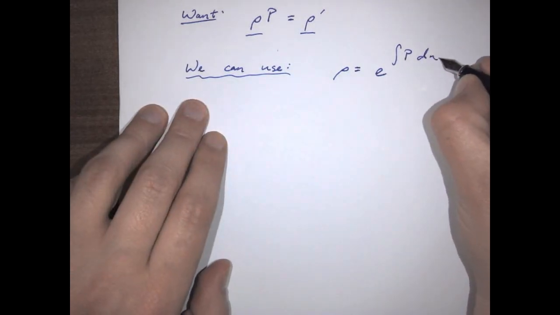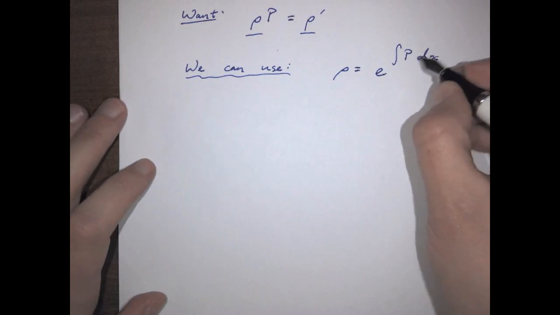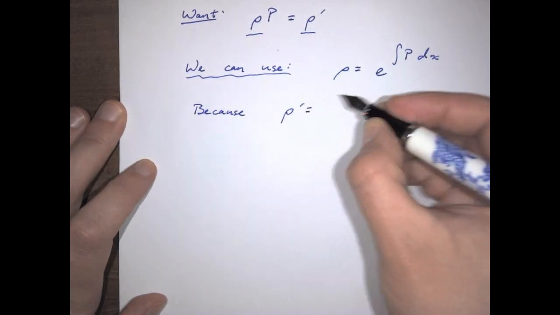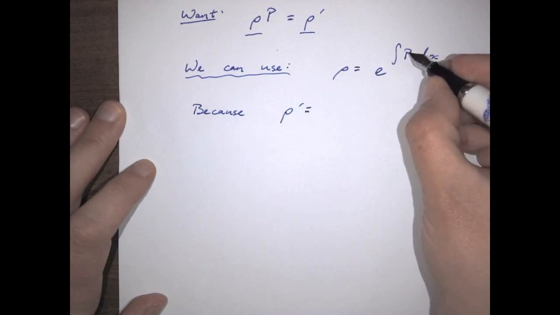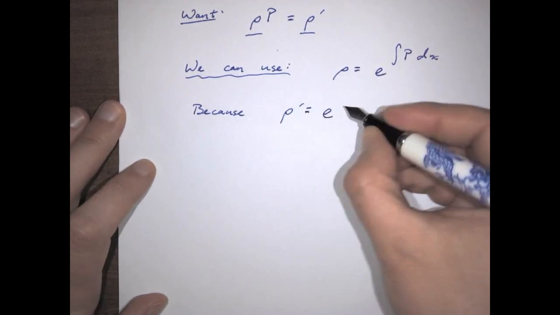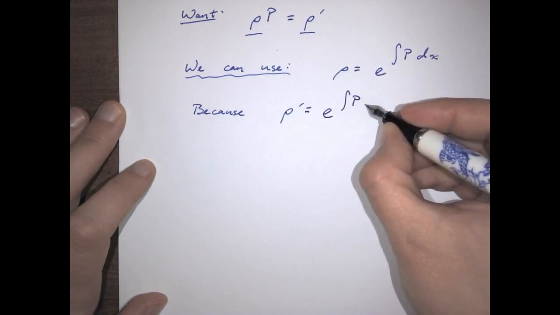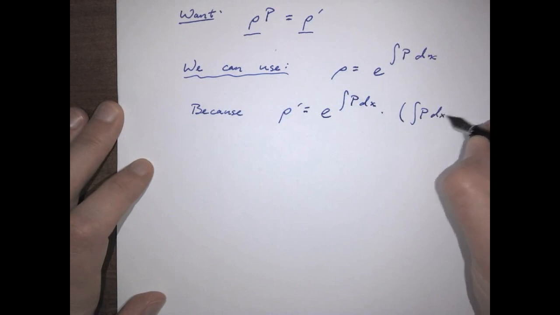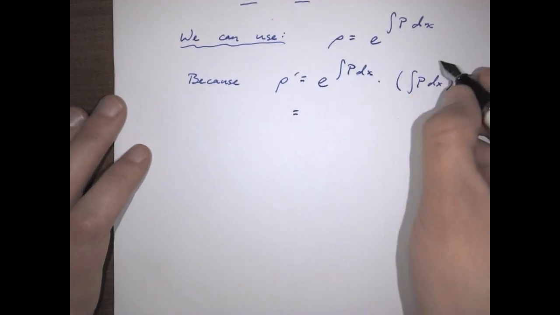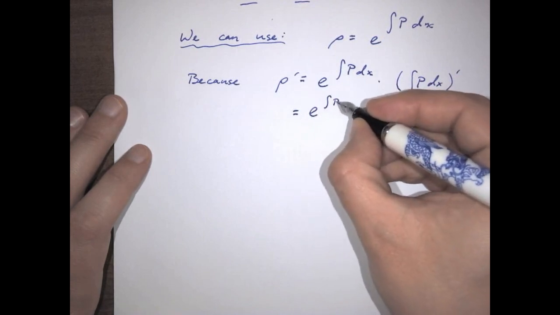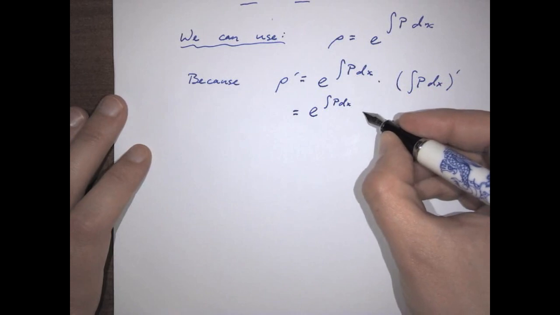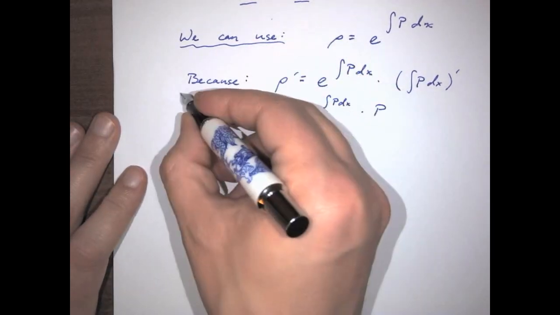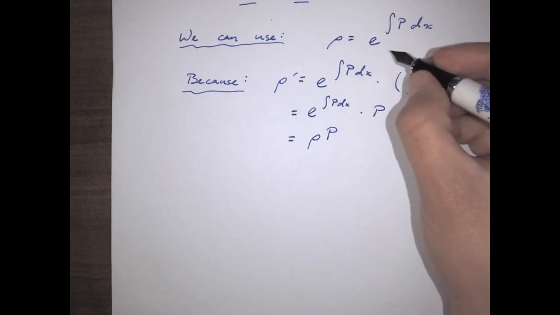We can use this because then rho prime will equal, according to the chain rule, e to the integral p dx times the derivative of the integral of p dx with respect to x, which is just e to the integral p dx times p, in other words rho times p. So that is the integrating factor we can use.